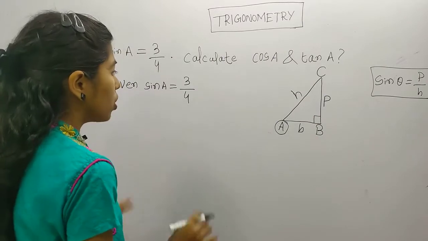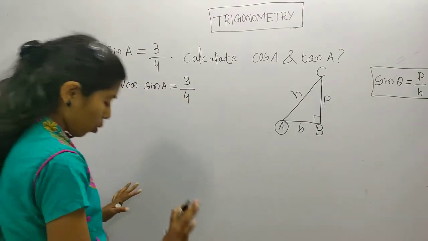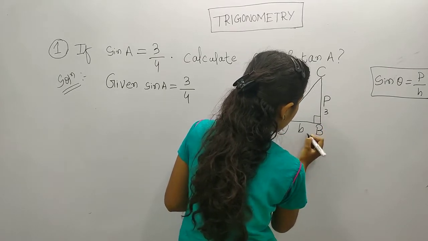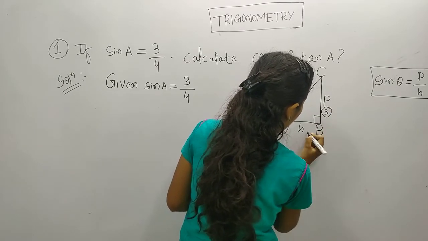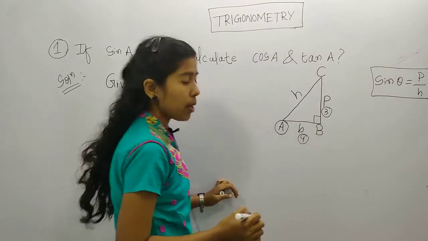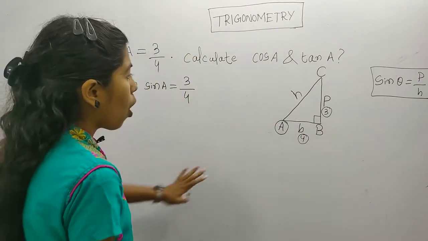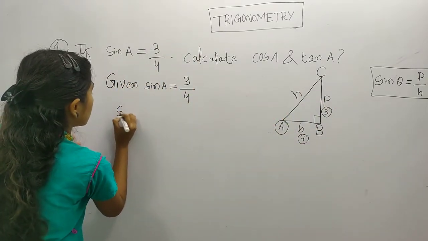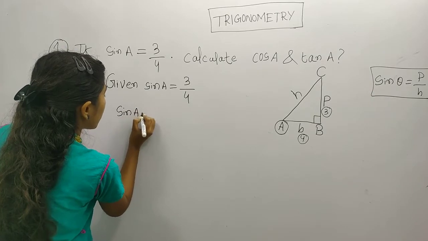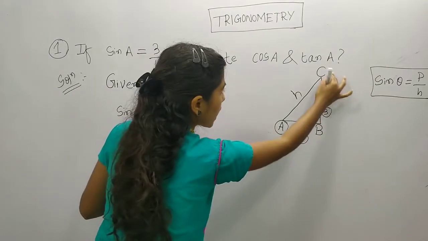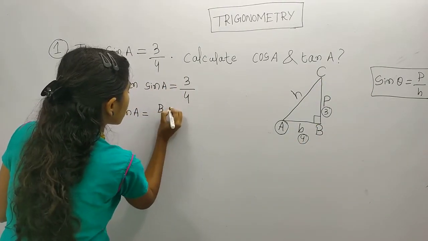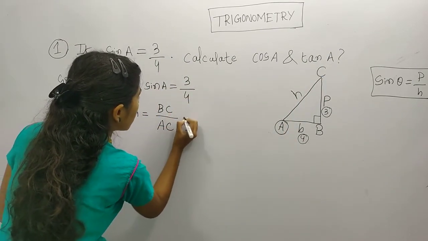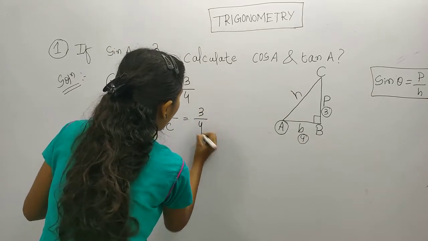Next, what do we have to do? Now we have to write 3 by 4. So P by H: P is 3 and the hypotenuse is 4. Okay. Now write first: sin A equals perpendicular BC by hypotenuse AC equals 3 by 4.